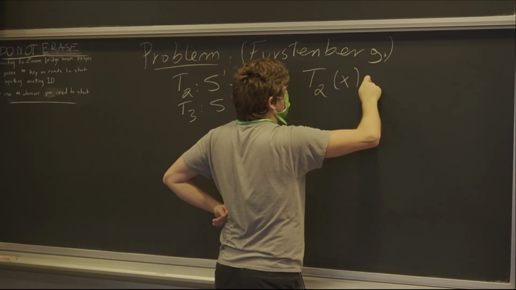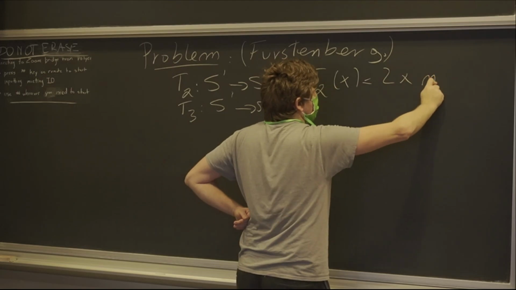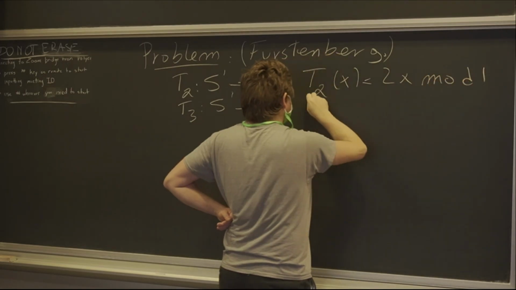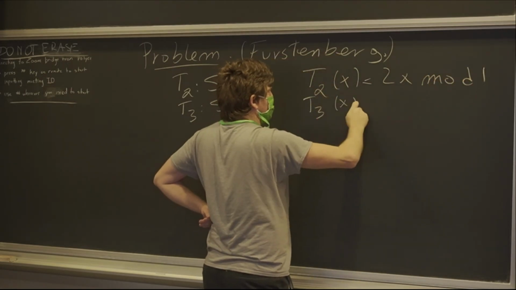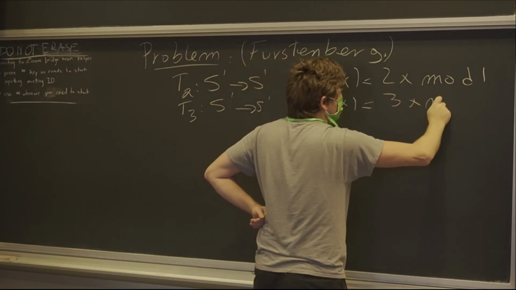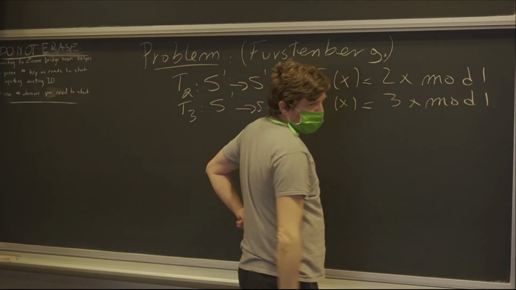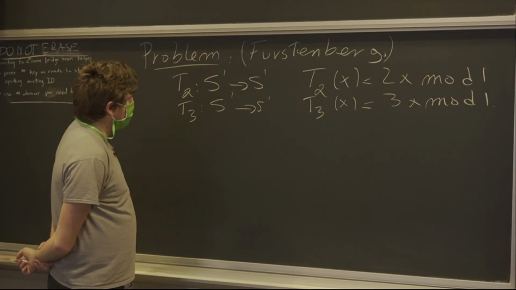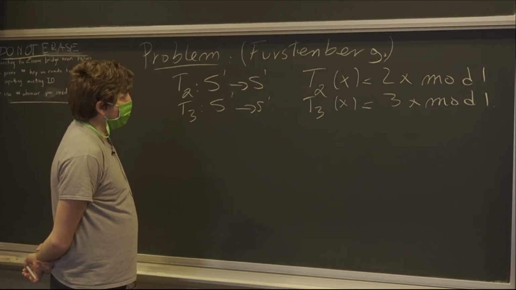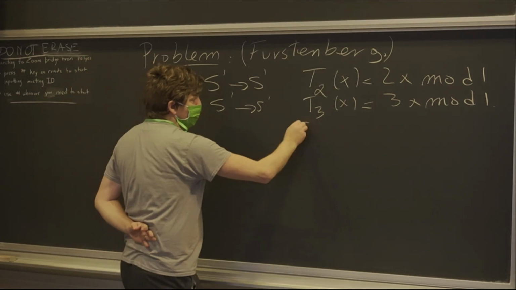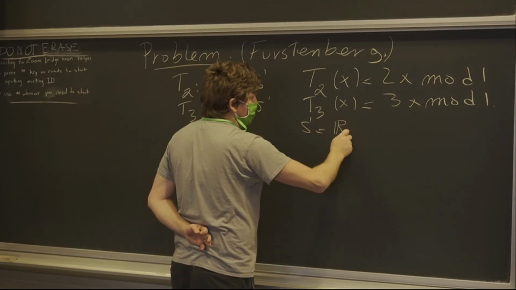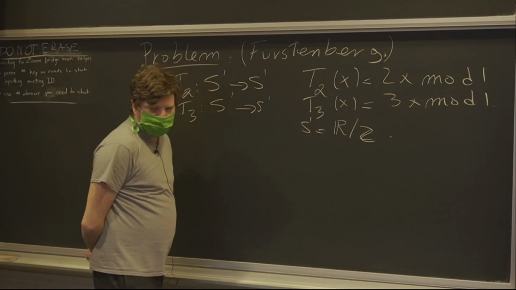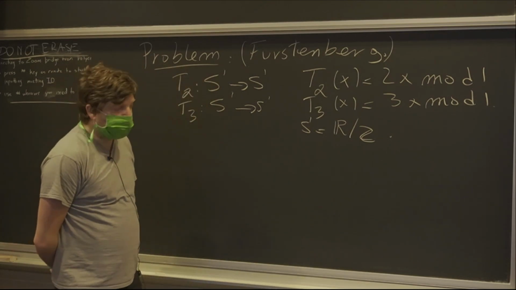T2 of x is 2x mod 1, and T3 of x is 3x mod 1. So we have these two transformations. Here we identify the circle as R mod Z, so this is very well defined.